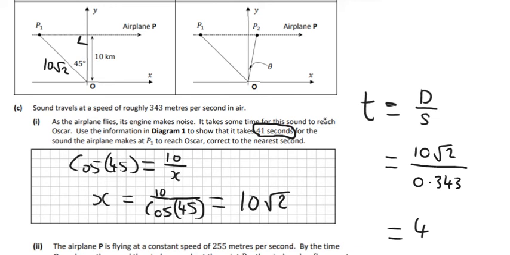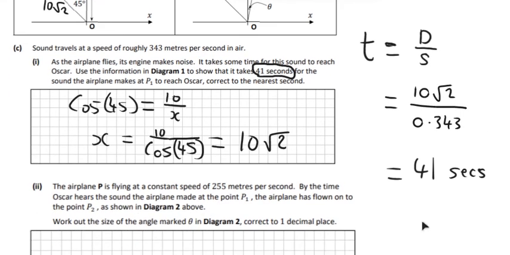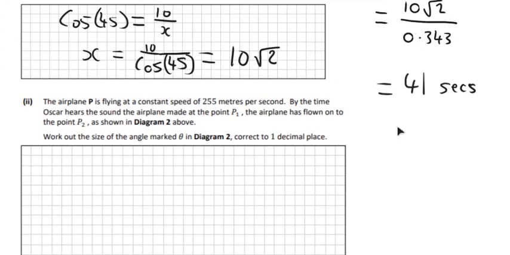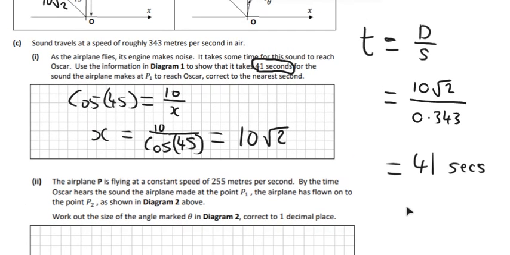So we do get 41 seconds then, once it's rounded off, when we divide those two. So the airplane's flying at a constant speed then of 255 meters per second.